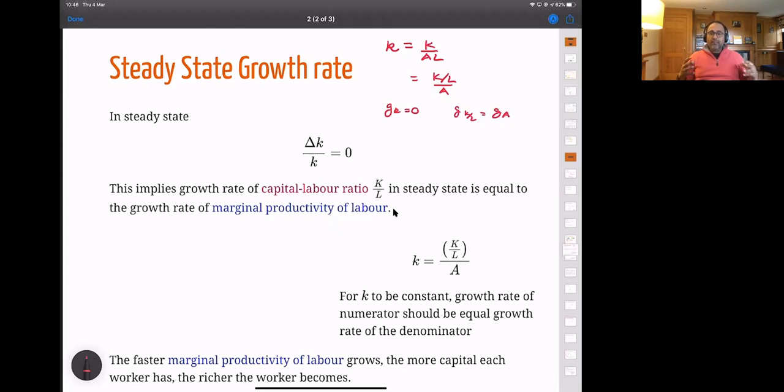And what that basically means is that in the steady state, for the small k to be 0, for it to be a steady state, the capital accumulation has to match the rate at which the ideas are growing.